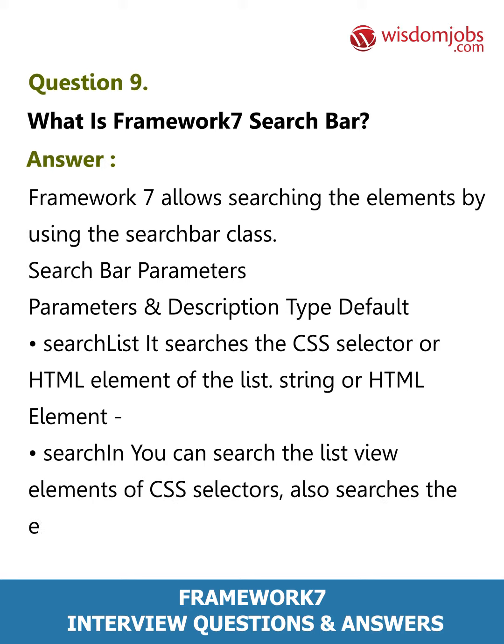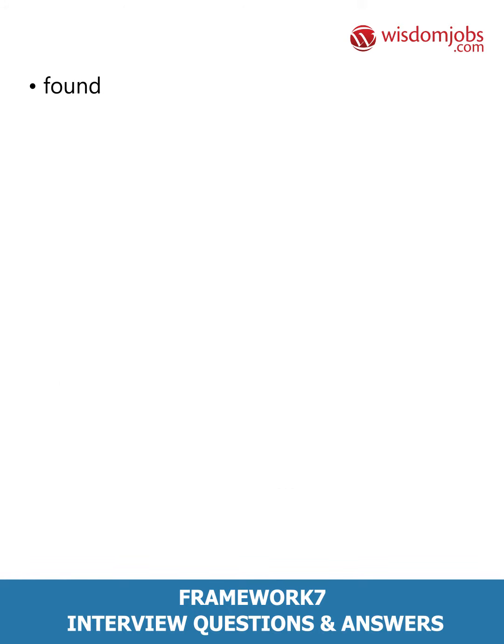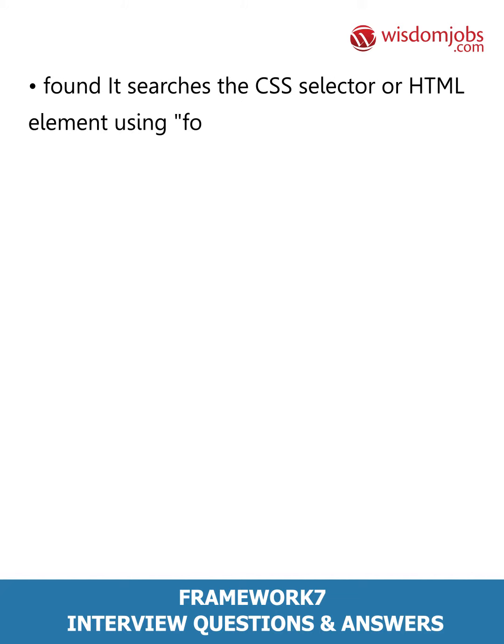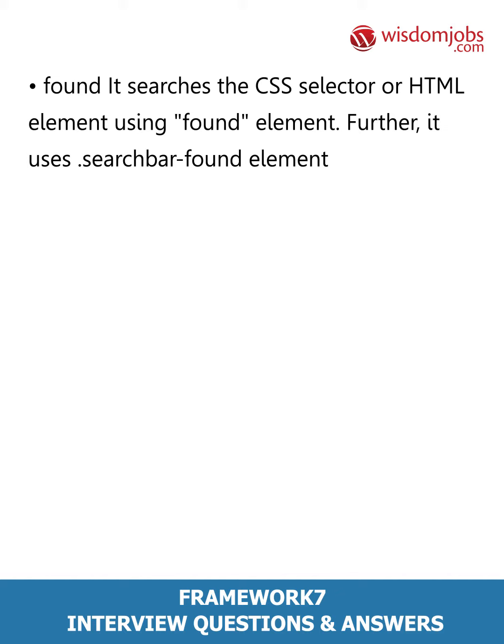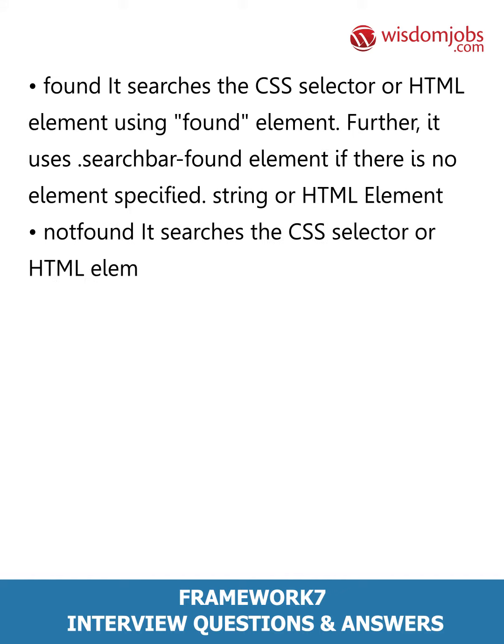Also searches the elements by parsing item title, item text classes, string, item title, found. It searches the CSS selector or HTML element using found element. Further, it uses search bar found element if there is no element specified, string or HTML element not found. It searches the CSS selector or HTML element using not found element.